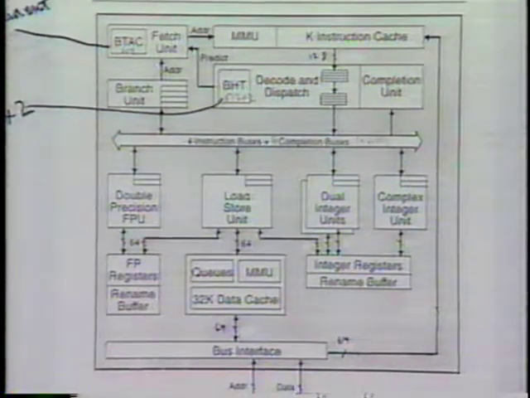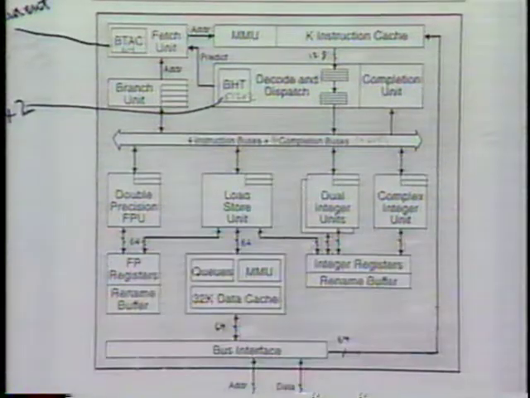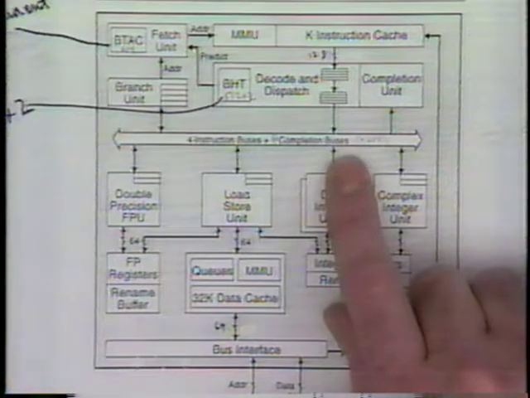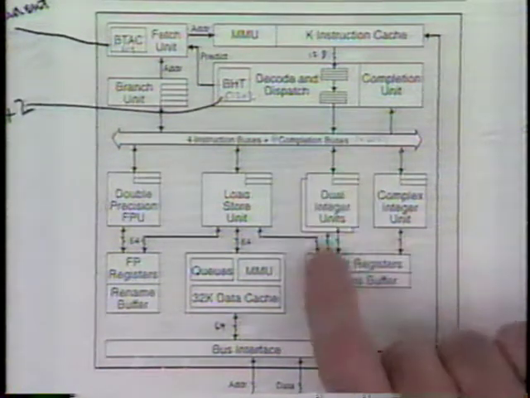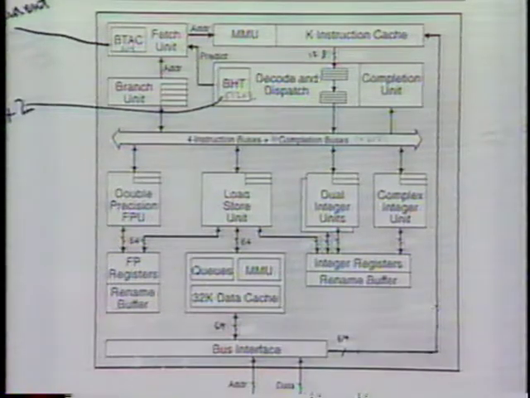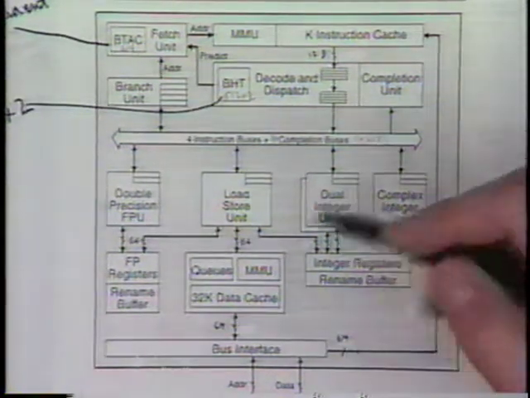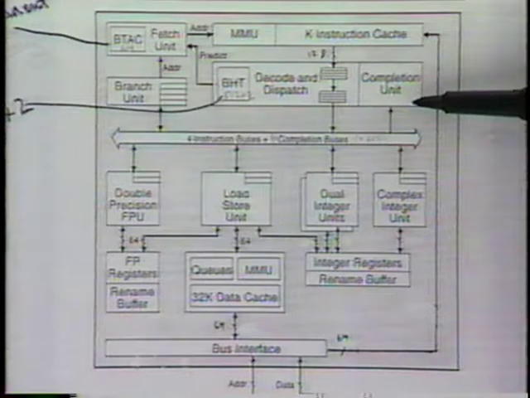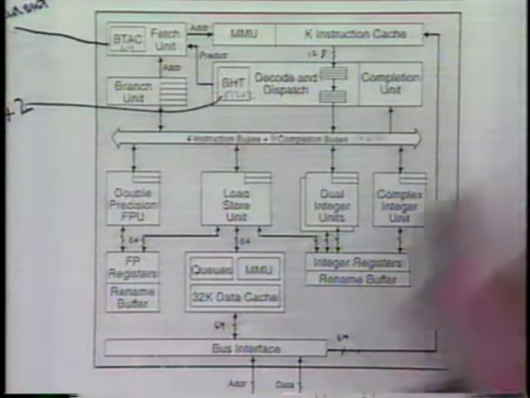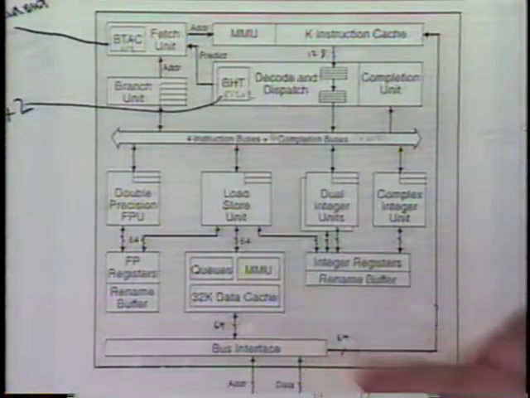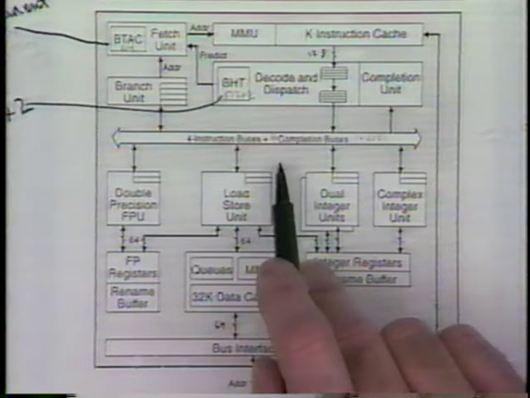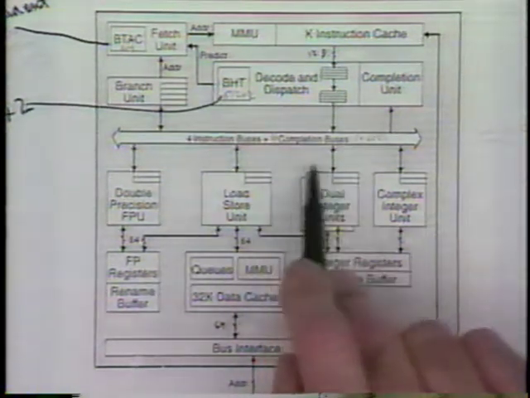Now, one of the limitations you remember from the Tomasulo algorithm was this common data bus, that when functional units finished, they had to compete for storing results on the common data bus that would eventually go back to the reservation stations that were waiting for them or back to the register file. Well, in this architecture, in fact, they have duplicated what used to be called the common data bus, and they call them completion buses.